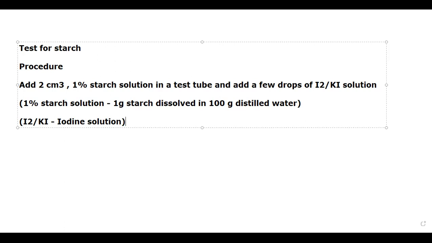Iodine solution is made with the mixing of I2 iodine solids and KI potassium iodide. The combination of these two will give a reddish brown color solution.